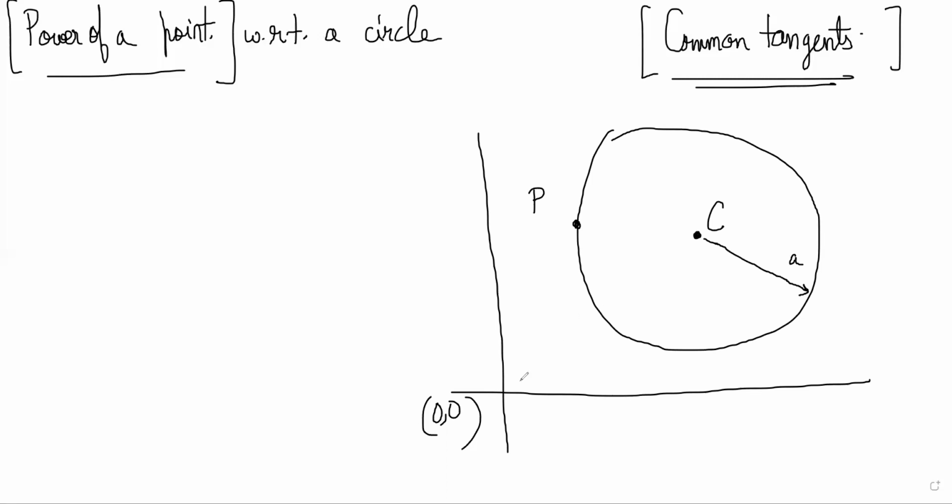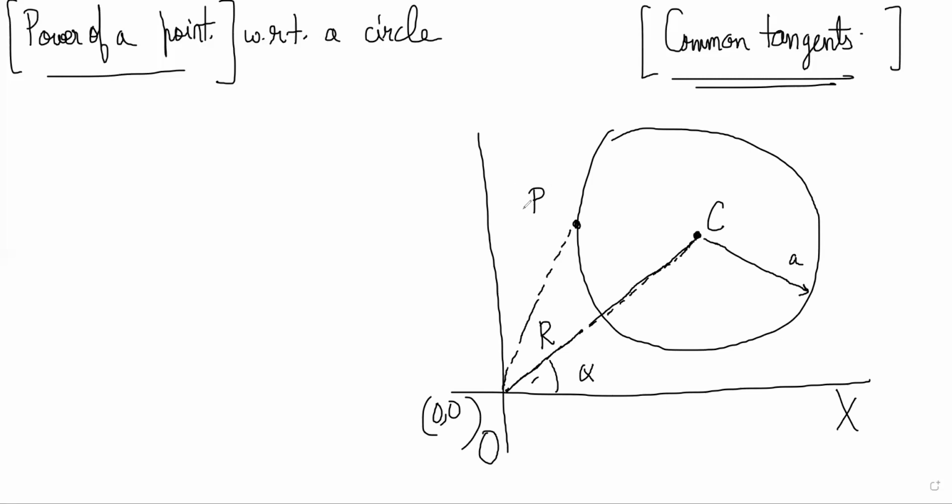So what I will do is join this C to the origin. I will say that this OC length, let's call it capital R, and let's say this angle with the x-axis is alpha. Now I will also join P to O, OP.